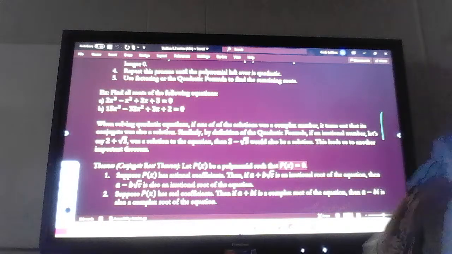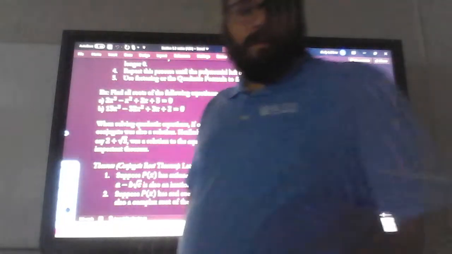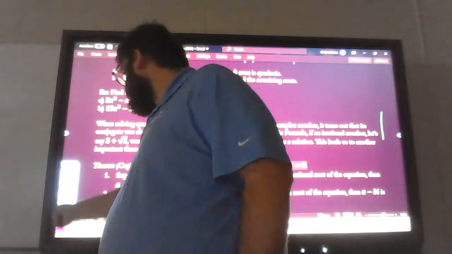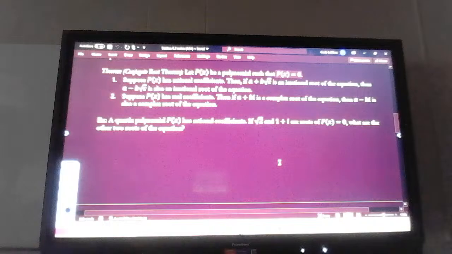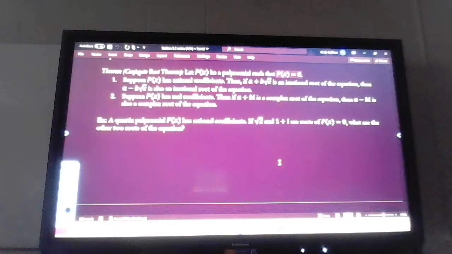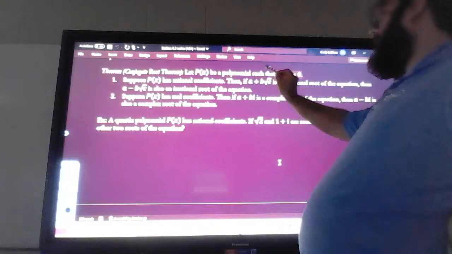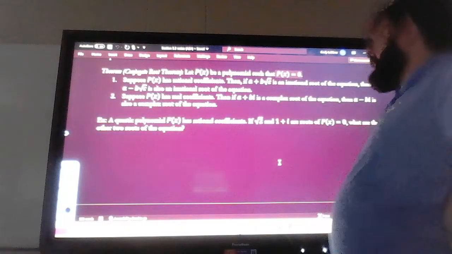Well, it actually leads us to a really important theorem. So if I have a polynomial function p of x equal to 0, if it has rational coefficients, then if a plus b times the square root of c, right?